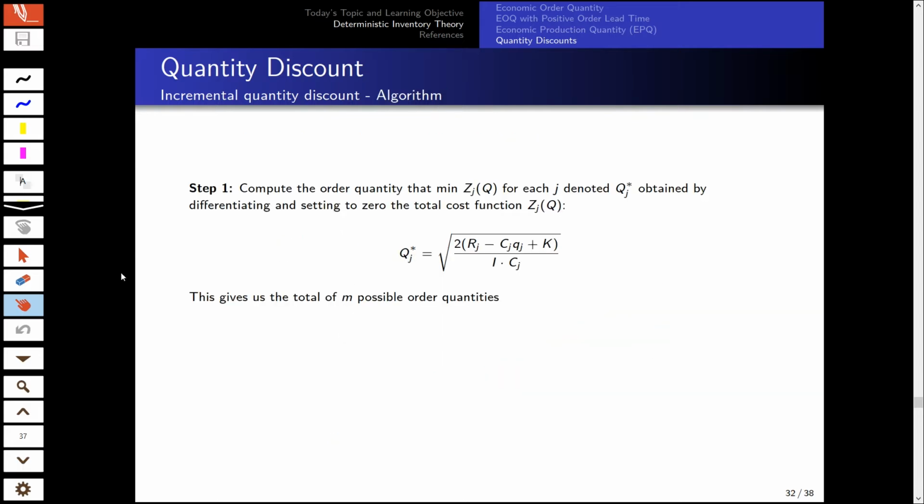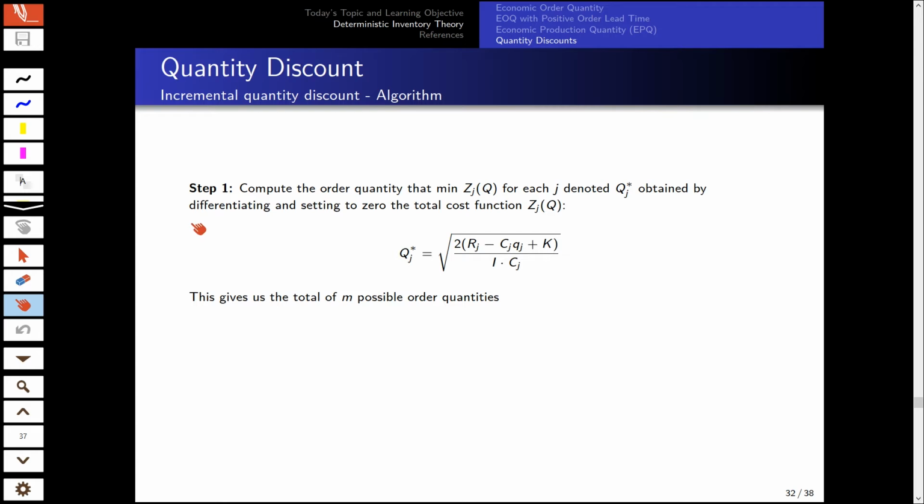We can have an algorithm that helps us to compute the optimal order quantity now. In the first step, we determine those ordering quantities for each of our levels, which we denote as Q_j star.